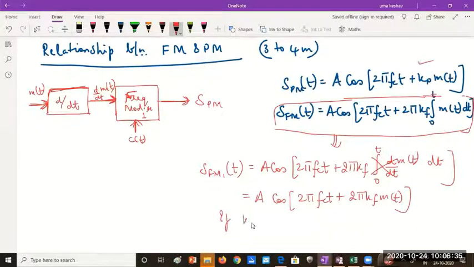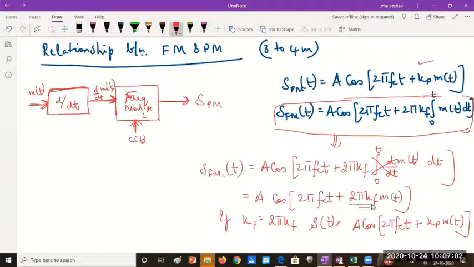You just have to consider Kp is equal to 2 pi Kf. If this phase sensitivity is equivalent to 2 pi into frequency sensitivity, then whatever equations you get would be the same as that of a phase modulated wave, A cos 2 pi fct plus Kp m of t.